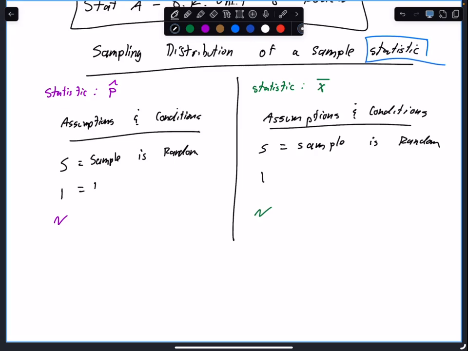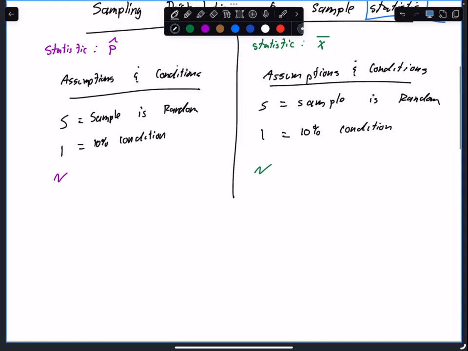We have here the 10% condition, and once again, the 10% condition here. The 10% condition is that the sample is no more than 10% of the population.